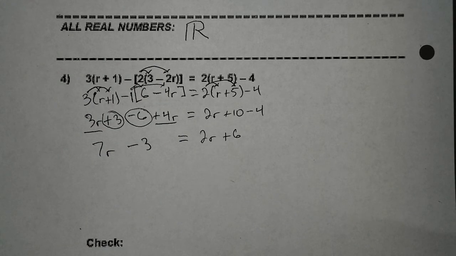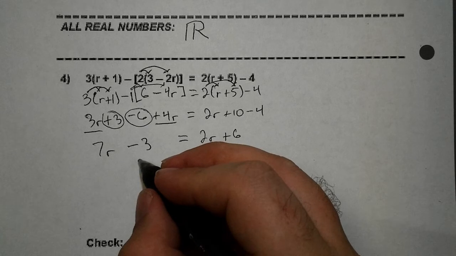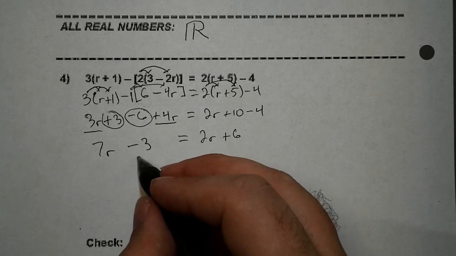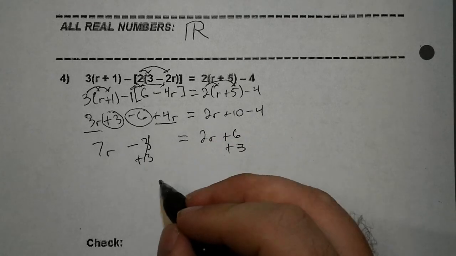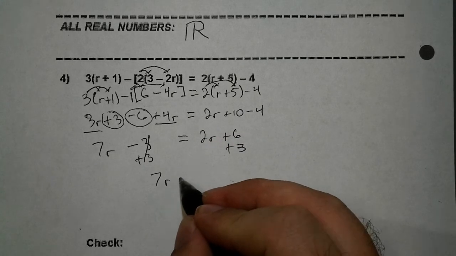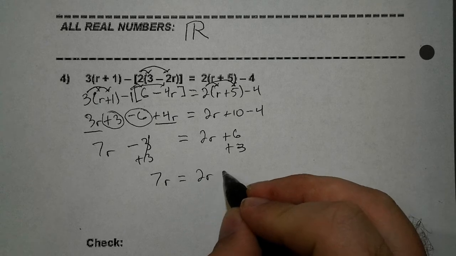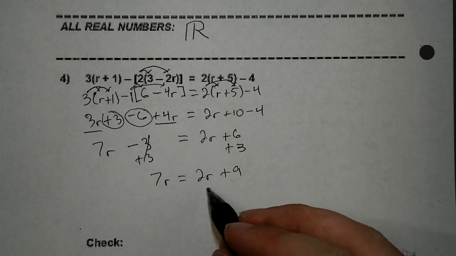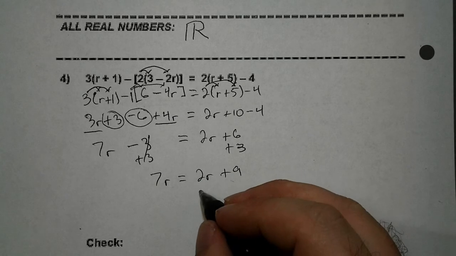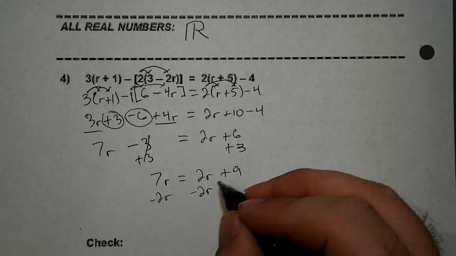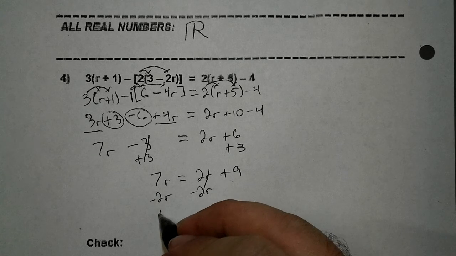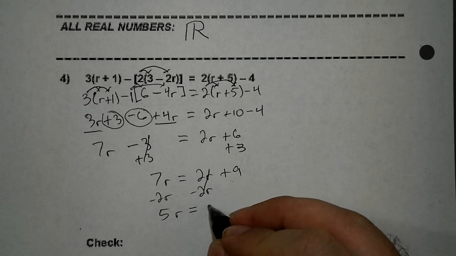Let's keep going. Let's get our numbers on one side. I will move my numbers to the right this time, so I'm going to add 3. So I get 7r is equal to 2r plus 9. Then I'm going to move my letters to the other side. 5r equals 9.